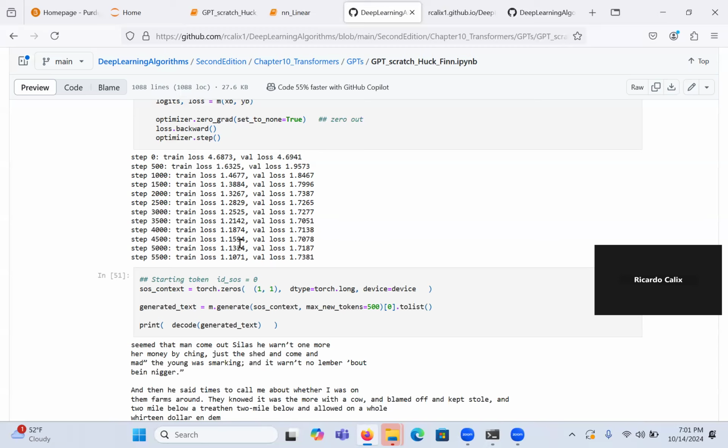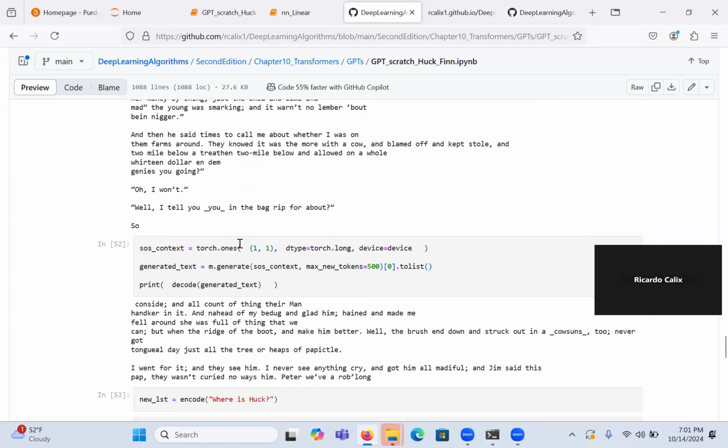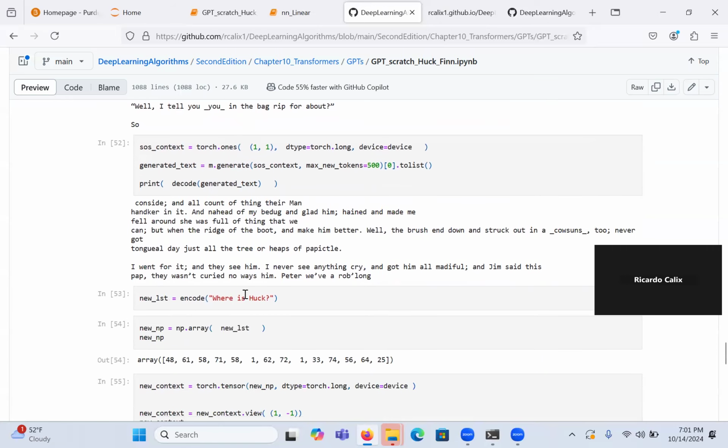In my example here, I have a prompt, where is Huck? We're going to look at how that tensor is created and then how it is given to the GPT. From there, the GPT is going to try to speak back to you and continue the sequence. Does that make sense?